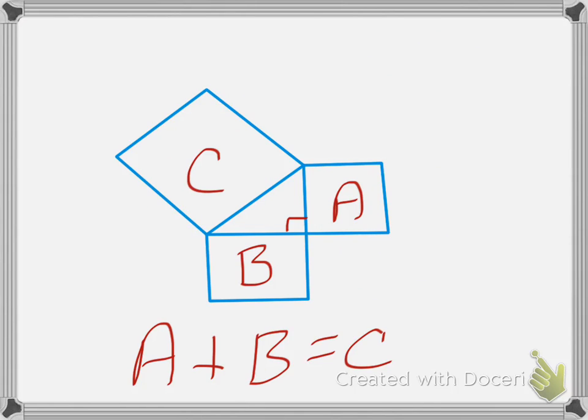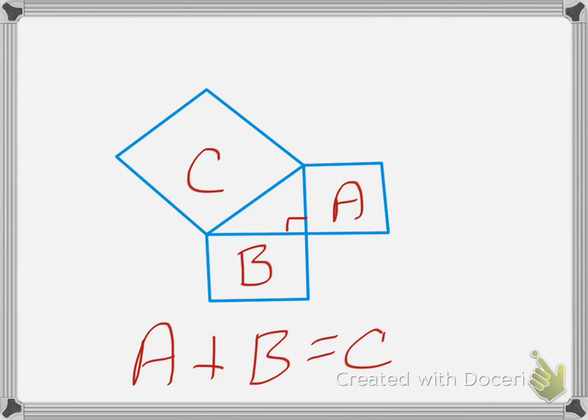So here's the three squares that make up a right triangle in the middle. And Pythagoras, I'm guessing, saw this pattern, and he decided to make a theorem out of it to see if it worked on everything else. And it did, so now we have Pythagorean theorem.